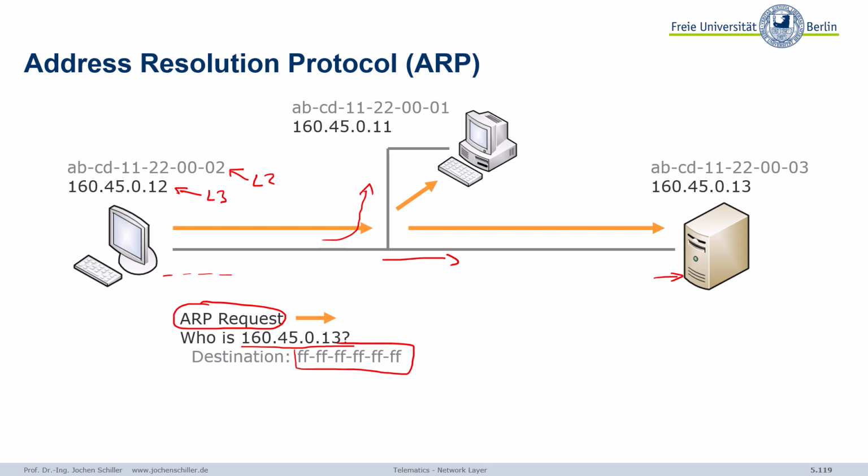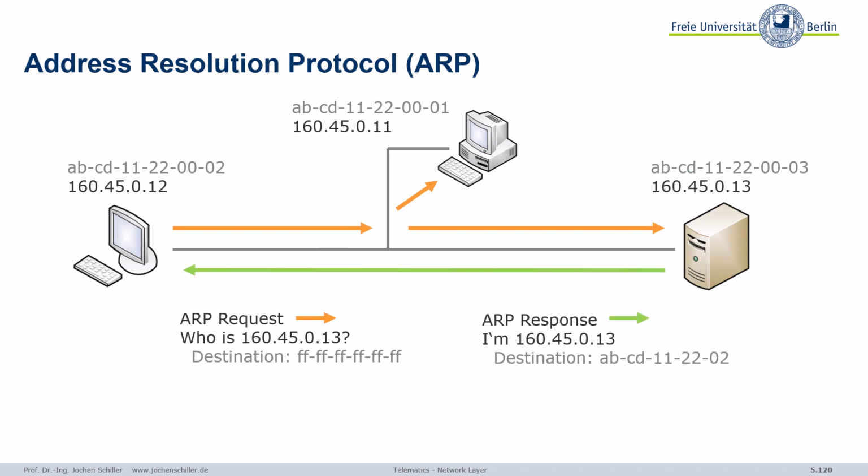So switches will forward broadcast packets to all ports. Then all the stations will receive it. Okay? And then, hopefully, there's also the computer with the right IP address. Yes, it's this one. And the idea then is that this computer will answer.